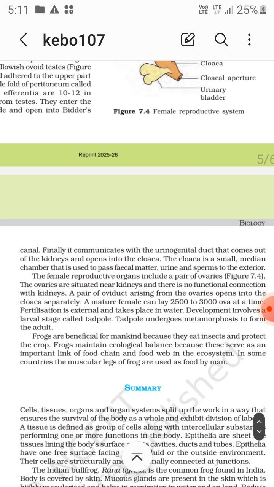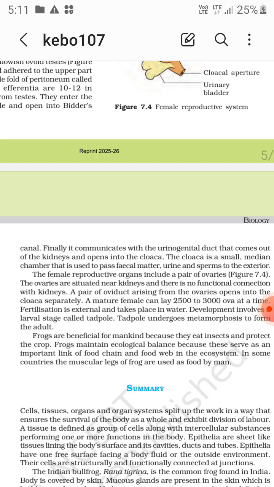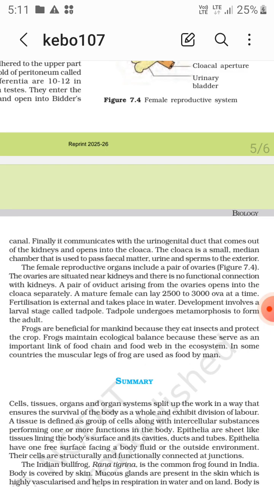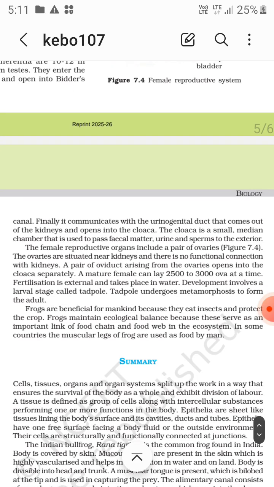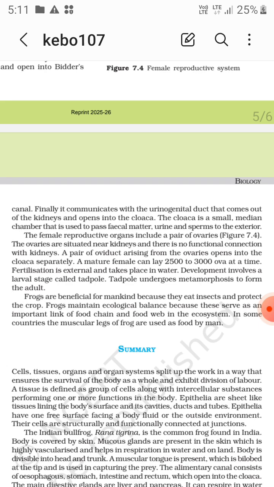The cloaca is a small median chamber that is used to pass fecal matter, urine, sperms to the exterior. So remember, fecal matter through alimentary canal, urine through urinary bladder, and urine and sperm through urinogenital duct to the exterior.